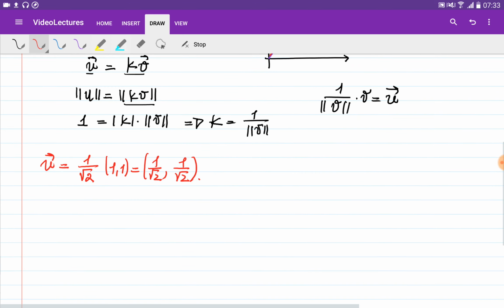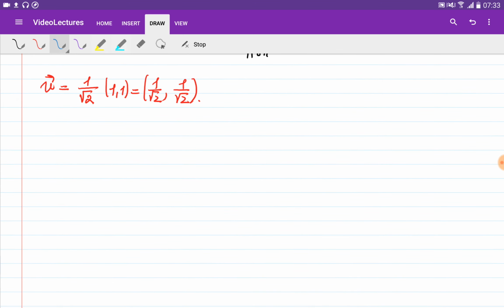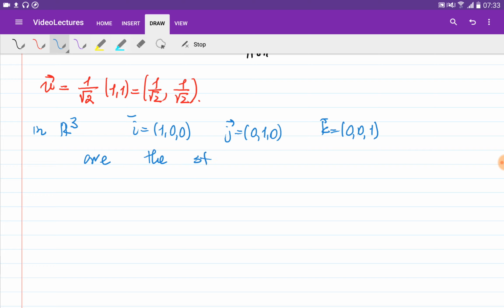Now we are going to define the standard basis vectors. In 3D, in R3, i with the components 1, 0, 0, j with the components 0, 1, 0, and k with the components 0, 0, 1, are called the standard basis vectors.